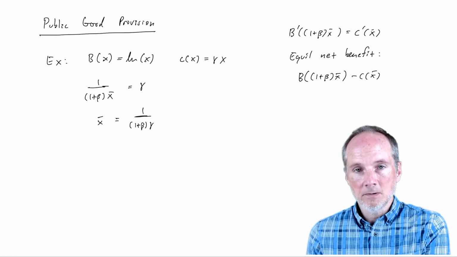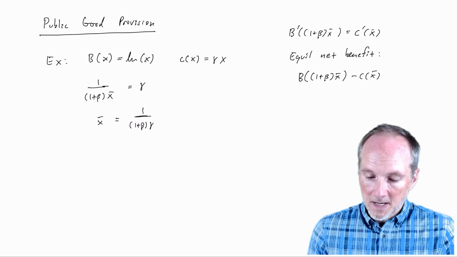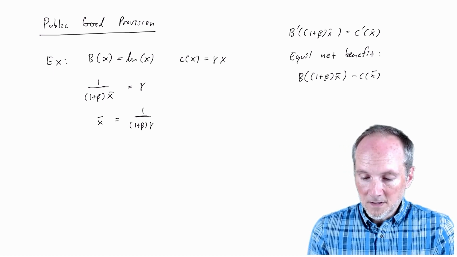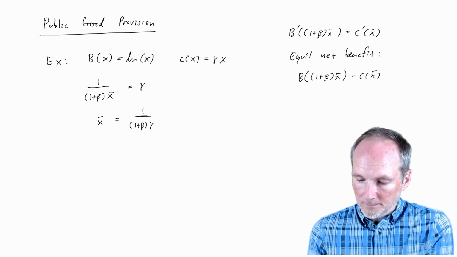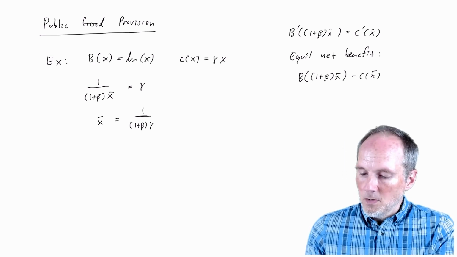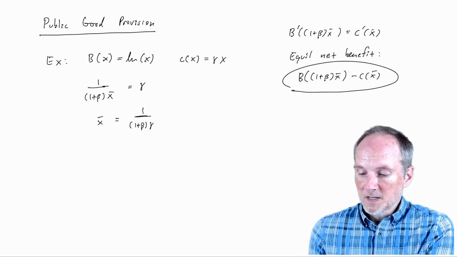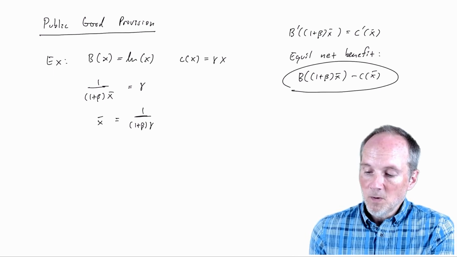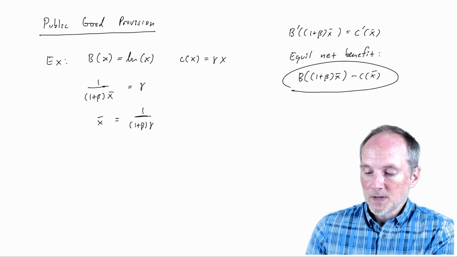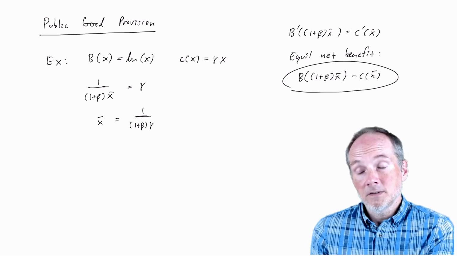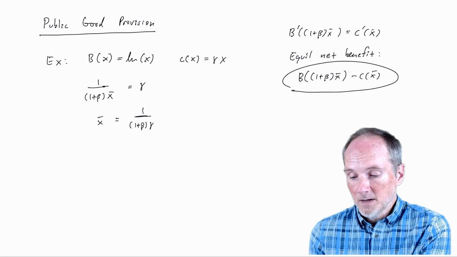So that's the equilibrium net benefit in this public good provision problem. Well, we can look at that expression and ask, what happens if we increase x bar, if we increase the activity level of both of these guys?